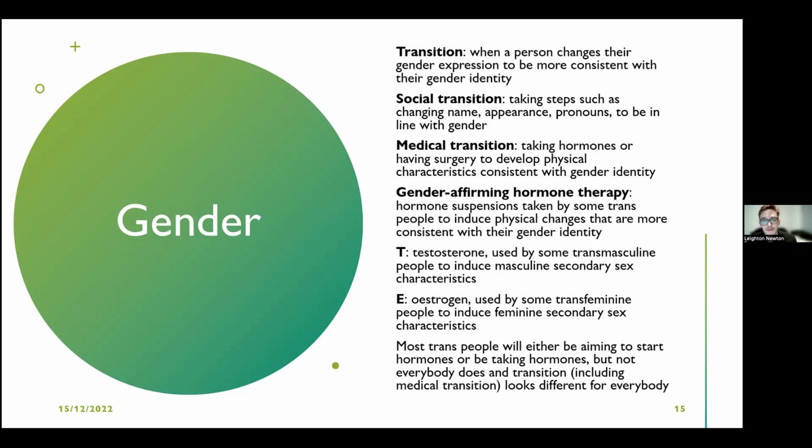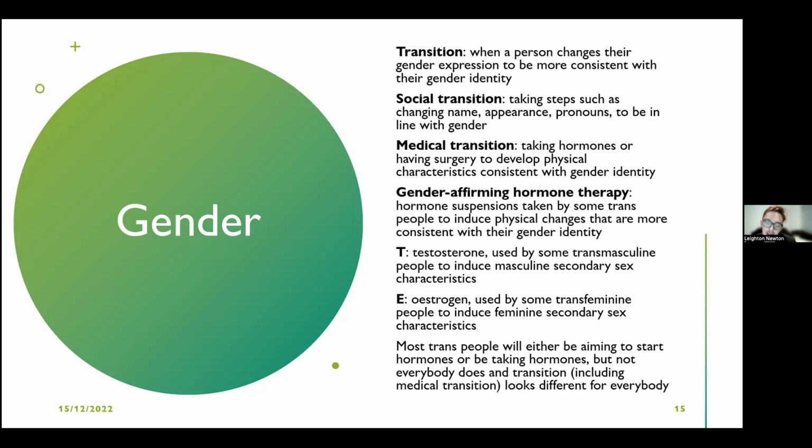It used to be called cross-sex hormone therapy, and it's still referred to that in many places like the NHS website, but it's not a preferred way to talk about it. So gender-affirming hormone therapy is taken by some trans people to induce physical changes that are more consistent with the gender identity. And this can be in the form of injections or patches or gels or sometimes pills. But it varies between what hormones you're taking and what is practical for you as the patient and that kind of thing.